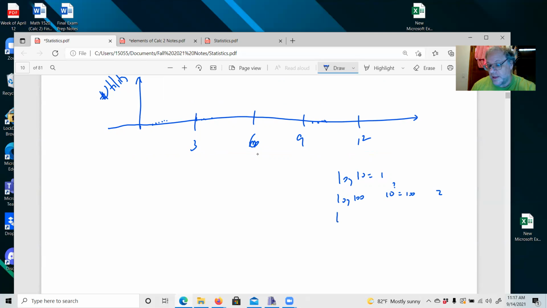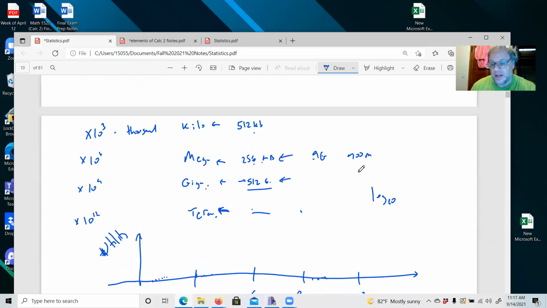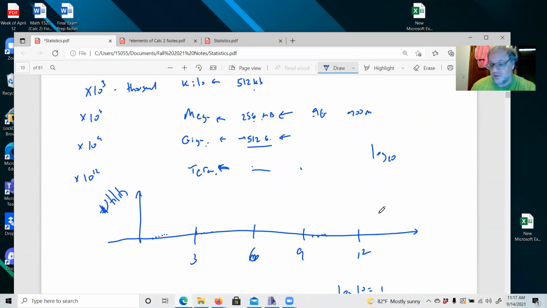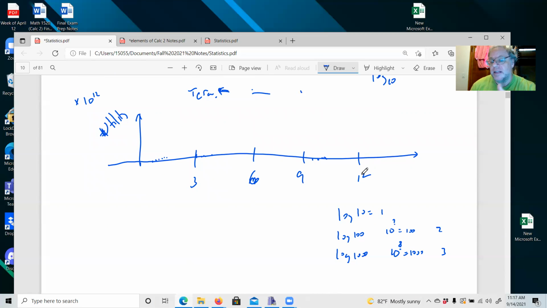It's 2. Log of 1,000, 10 raised to what power is equal to 1,000? It's 3. So all we do is count the zeros. Since I know that in $1 trillion there are 12 zeros, 12 places, that's it. There's our graph. This is a lot easier to deal with. That's why you would want to deal with a logarithm.